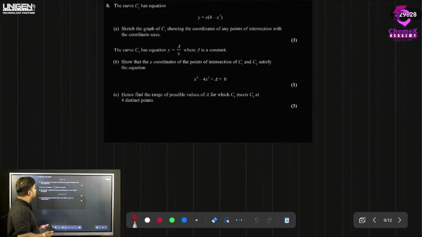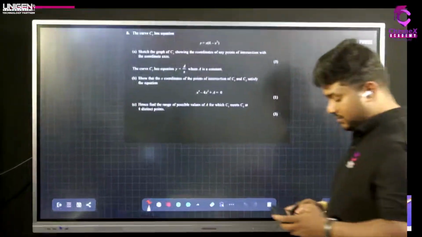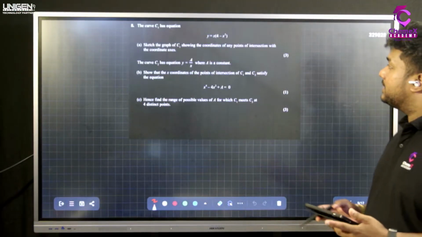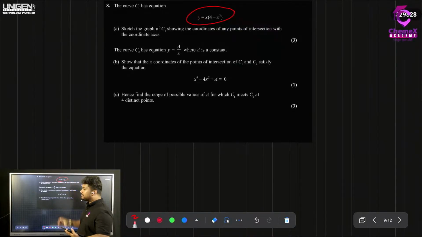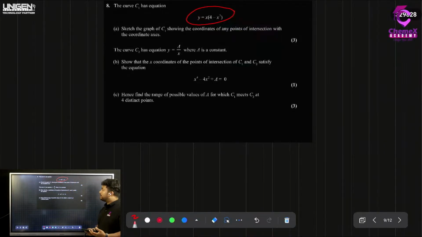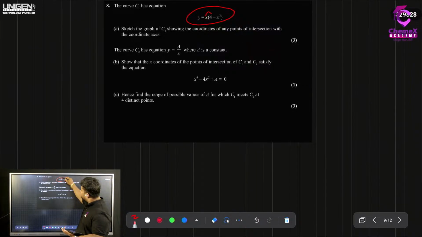Let's go into the 8th question. C1 curve is given. Sketch the C1. Show the coordinates of any point of intersection with the coordinate axes. So how do you draw this? Here they are asking y equals x bracket 4 minus x squared. So sketching graphs. Looking at this, can you see it's a what? X to the power 3 graph, right?